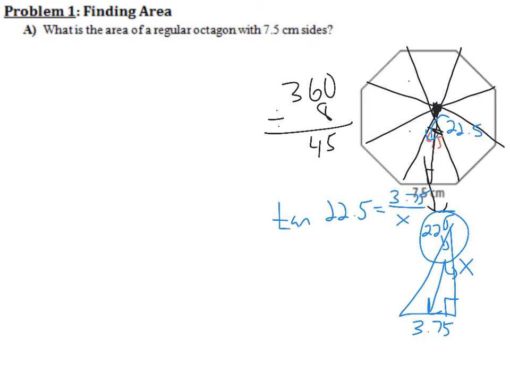Now to solve for x, I put tangent over 1 and I cross multiply. So I get 3.75 is equal to x times the tangent of 22.5. Divide both sides by the tangent of 22.5.